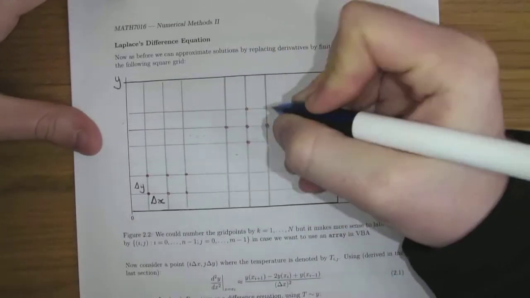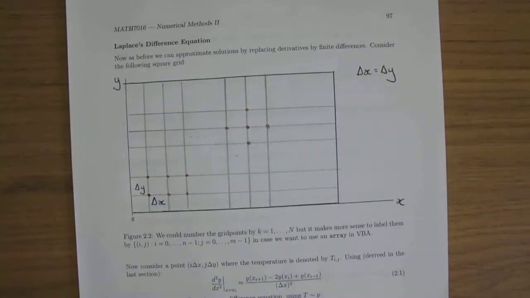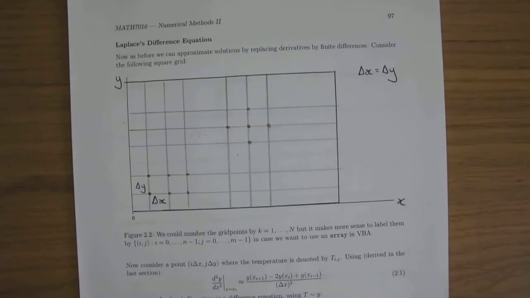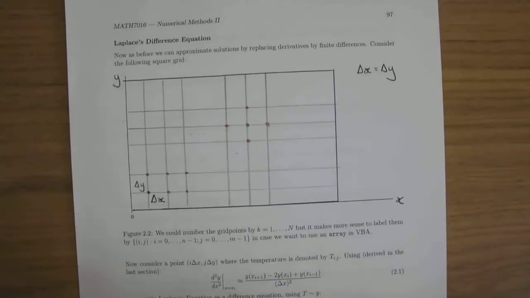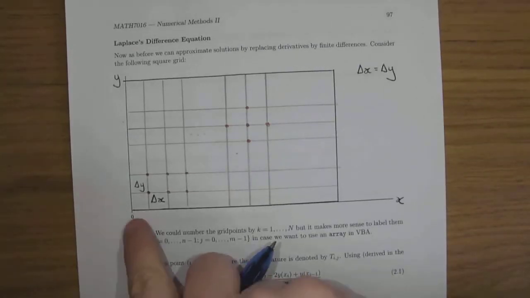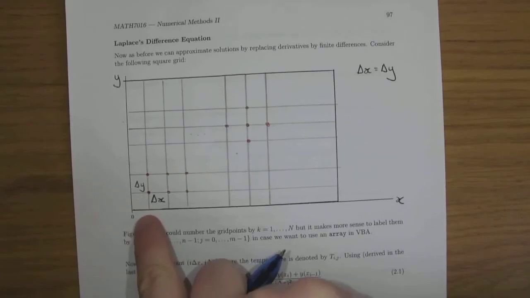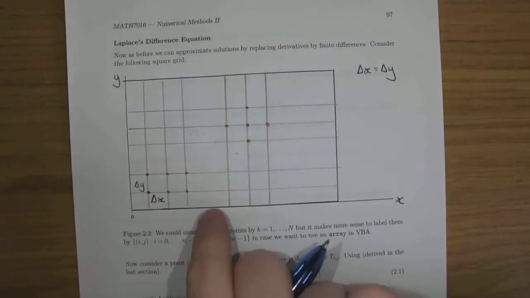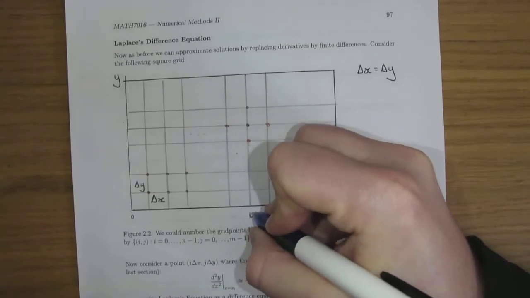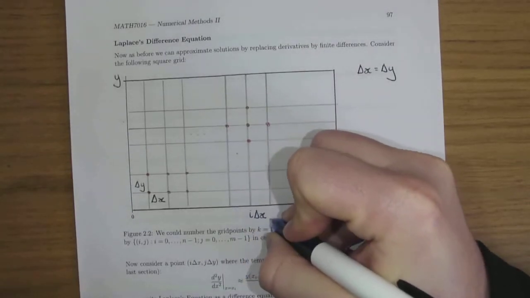Okay, so we've got a temperature here we're going to look at, and here, and here. Now the way I'm going to label this: the notation is important enough here to follow what's going on, but after that you can use your own notation. We'll say this is 0 times delta x, 1 delta x, 2 delta x, 3, and this will be a general point i delta x.